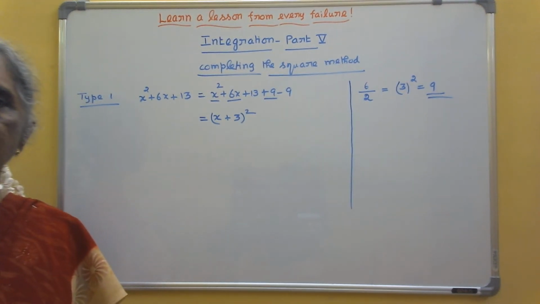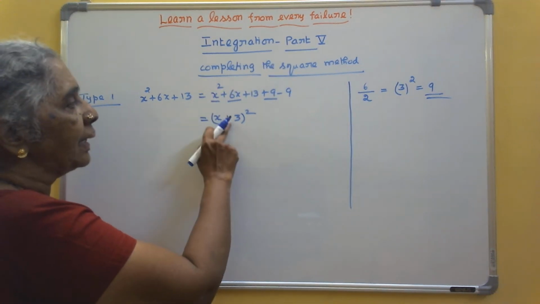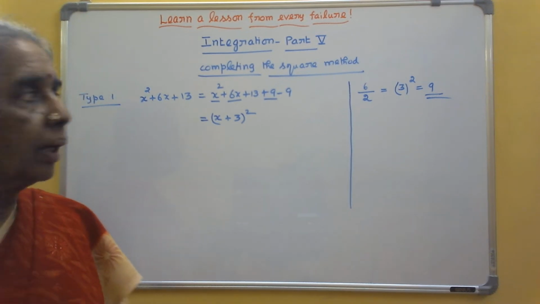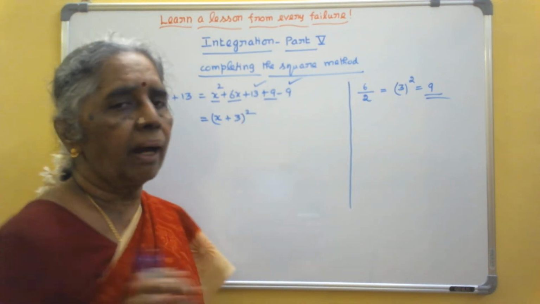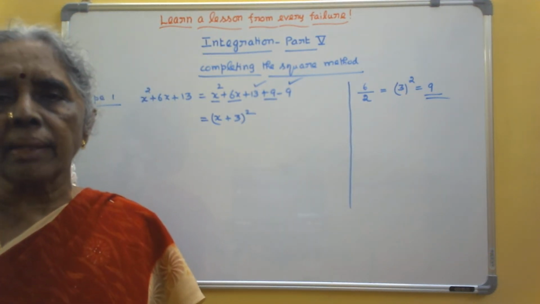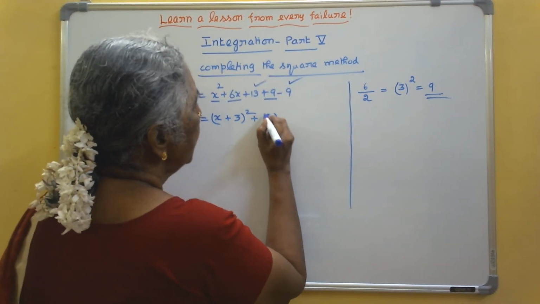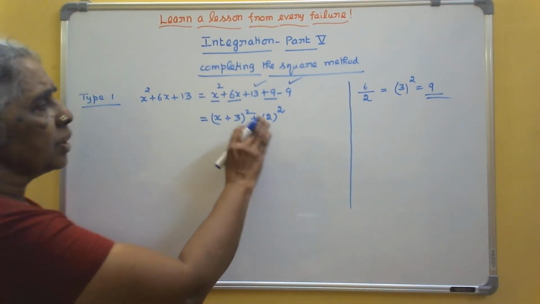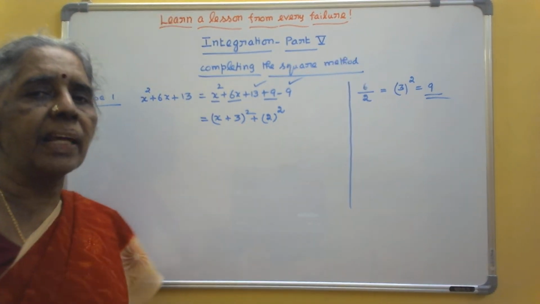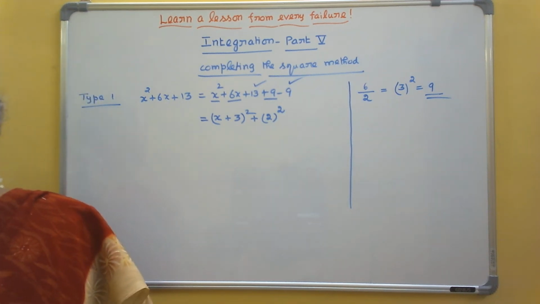Now expand x plus 3 the whole square: you will get x squared plus 6x plus 9. If there were a minus sign, you would put a minus sign. Now these two terms are left out, that is plus 13 and minus 9. So I get plus 4 there, so I can write plus 2 squared. Now this is of the format x squared plus a squared, so I can use that formula and integrate.